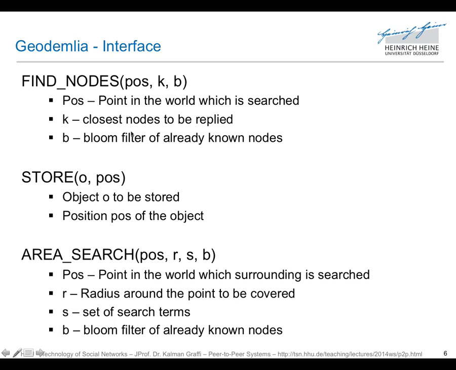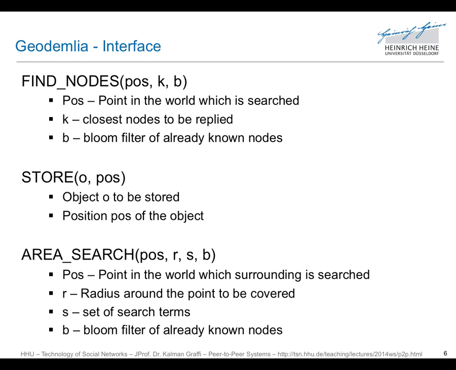For the Bloom filter, which we will cover in 2 lectures, just to tell you, it is a short piece of information about what you already know, so that you can tell in a short way, I already know these peers, so you don't have to tell me, just give me the others. But let's focus first on the first point: give me all of the k nodes which are closest to this position.